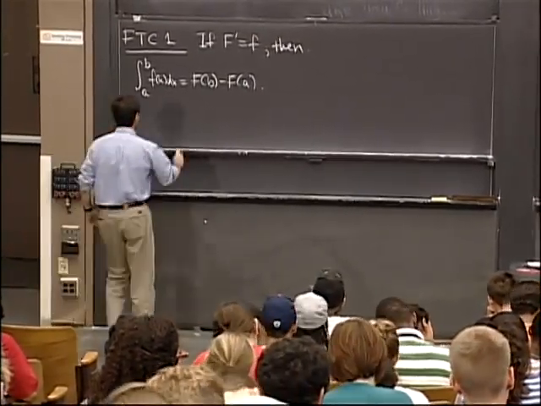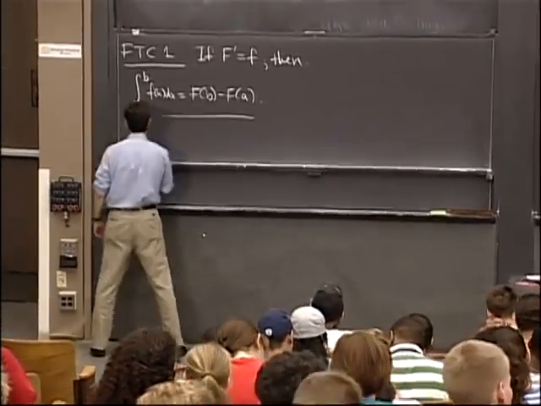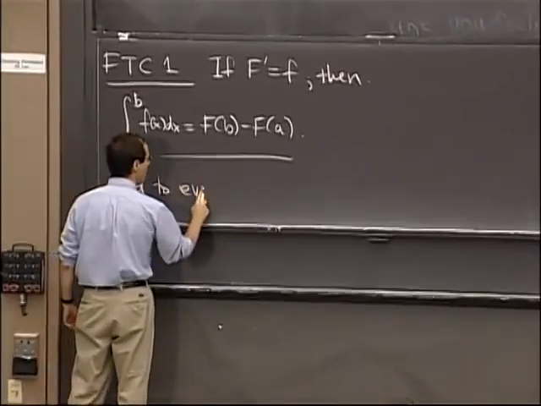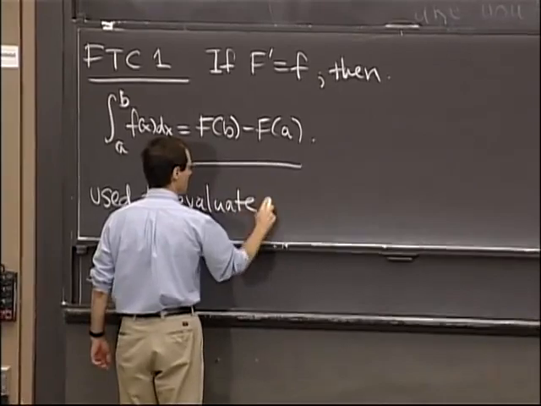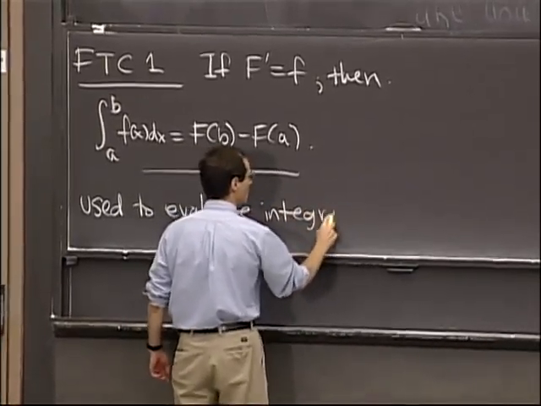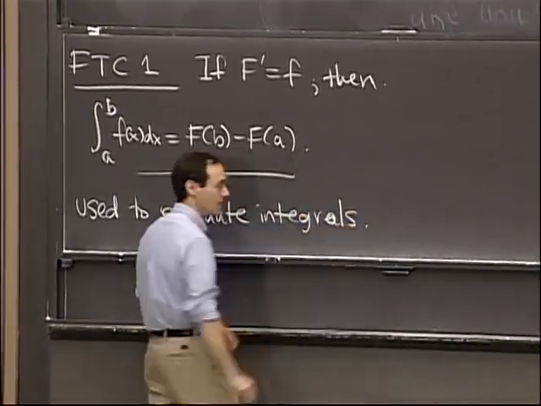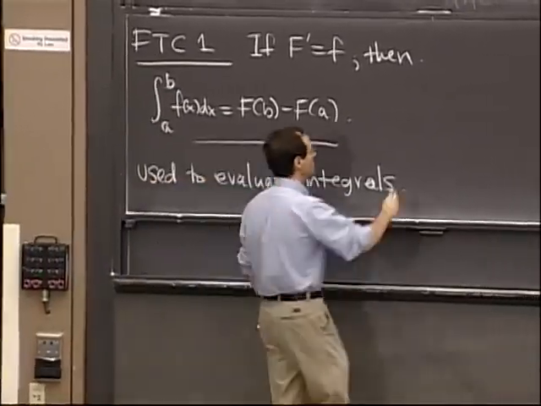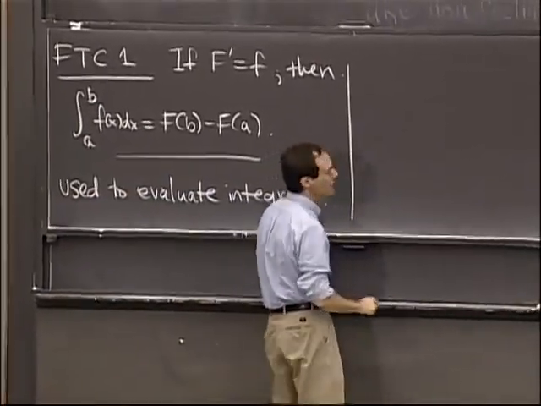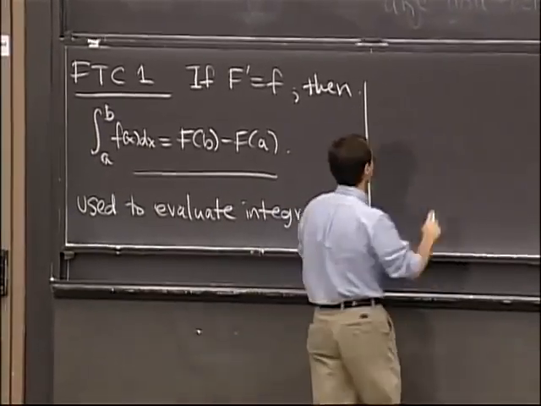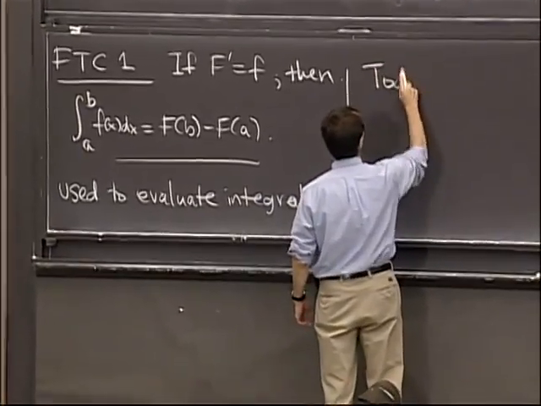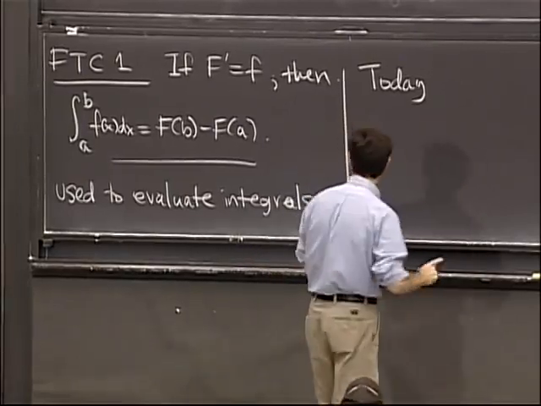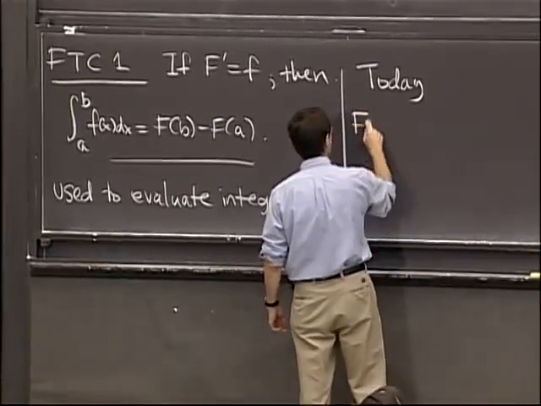And the way we used it last time was to evaluate integrals. Not surprisingly, that's how we used it. But today I want to reverse that point of view. We're going to read the equation backwards, and we're going to write it this way.